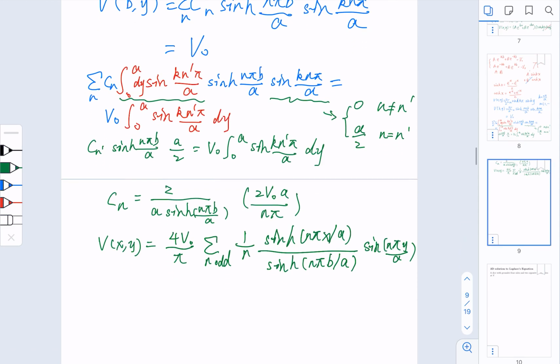Okay, so this field of x and y should now be the complete result.